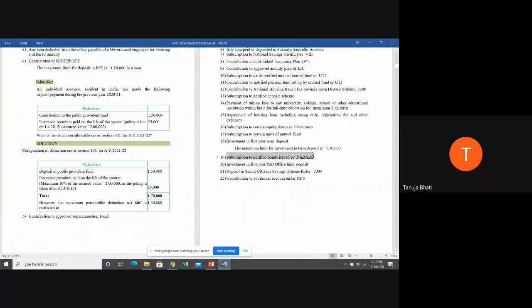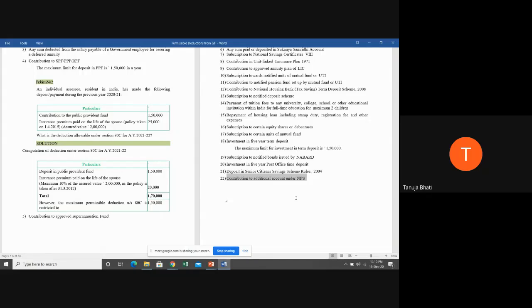Subscription to the notified bonds issued by NABARD. Investment in a 5-year post office time deposit, deposit in senior citizen savings scheme, contribution to additional account under NPS, national pension scheme. If you're making an additional account under that, you will get a deduction under section 80C.